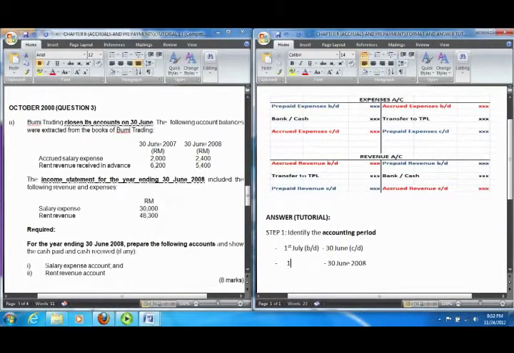Automatically, class, you must have 12 months, so it starts from 1st July 2007. Why, class? Because as you can see, 1st July 2007 until 30th June 2008 is 12 months.